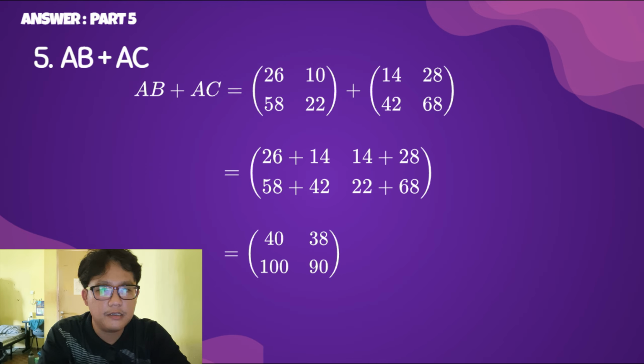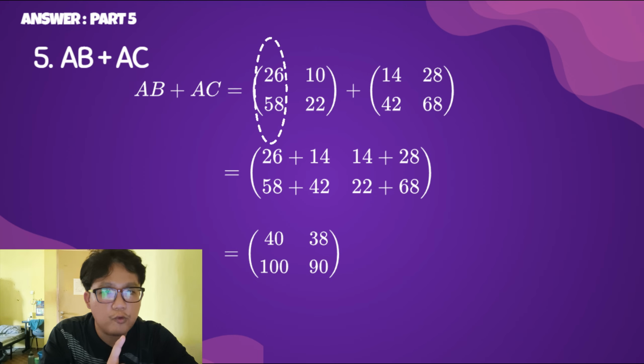First things first, put the answer of AB. In AB, the first column is 26 followed by 58. In column number 2, we put the number 10 followed by 22. After that, we should add the plus because the question asks for the plus.